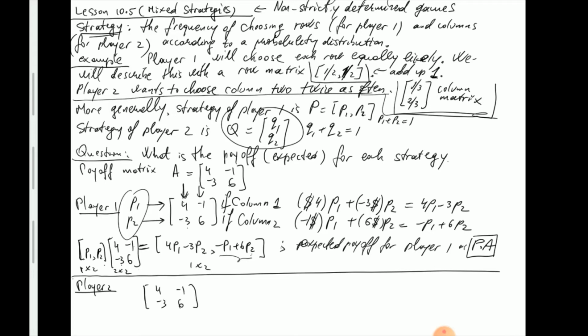So player 2 will choose column 1 with probability Q1, column 2 with probability Q2. Player 1 will respond, right, with choosing row 1 or row 2.